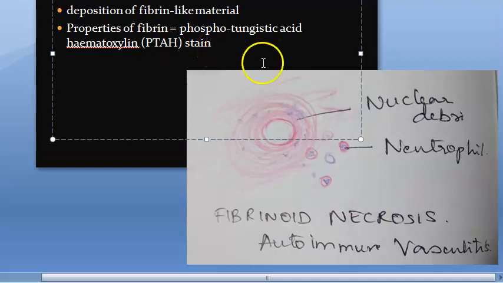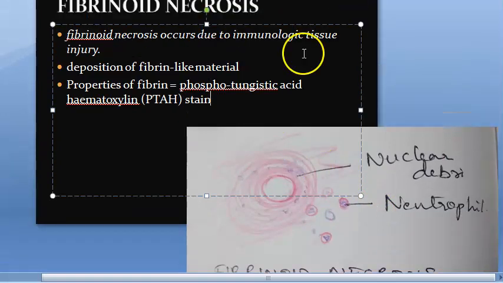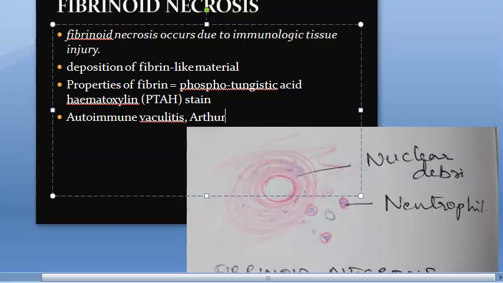This is mainly due to immunologic tissue injury. Examples are immune complex vasculitis, autoimmune diseases, or Arthus reaction.